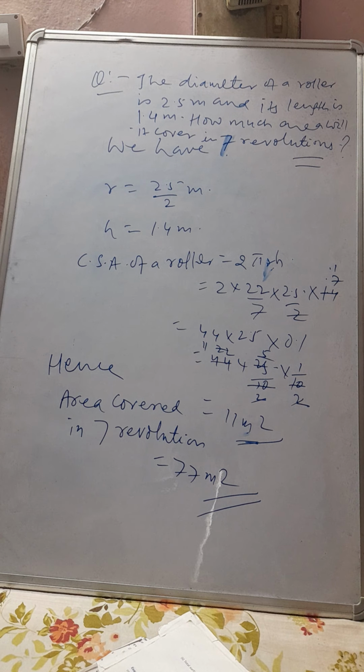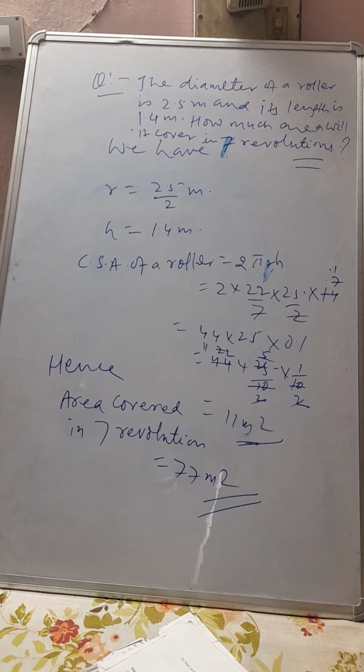Here diameter is 2.5 meter, so radius becomes equal to 2.5 by 2 meter, that is 1.25 meter, the required radius. Height is equal to 1.4 meter. Hence curved surface area of a roller is equal to 2 pi RH.